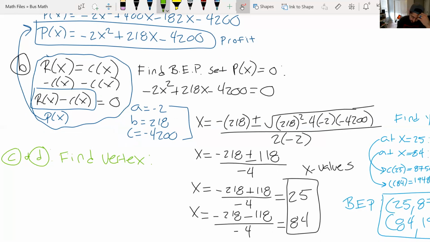Okay. So find vertex. H equals negative B over 2A. That gives me negative 218 over 2 times negative 2. Negative 218 over negative 4. 54.5.